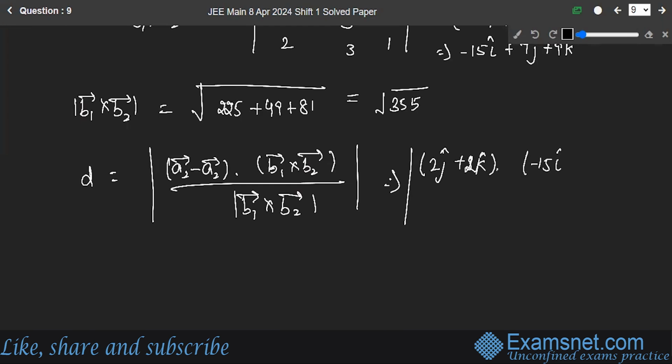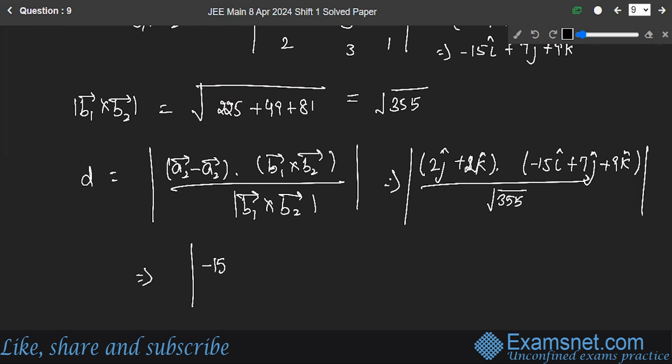This is dotted with minus 15i, 7j, and 9k divided by root of 355. So this makes it minus 15 plus 14 and 18. Sorry, there is no i over here, right? So this will be 0 because i is missing.